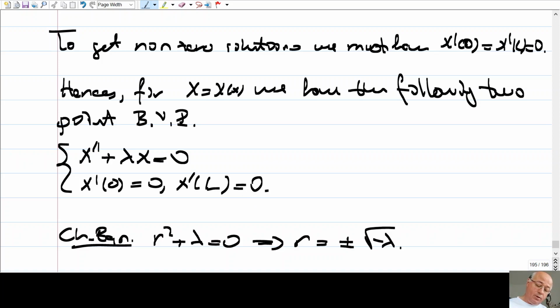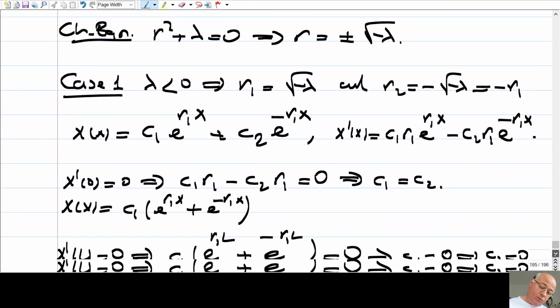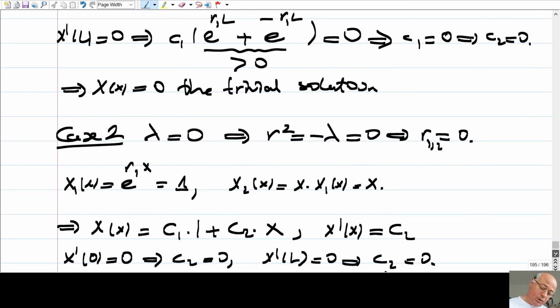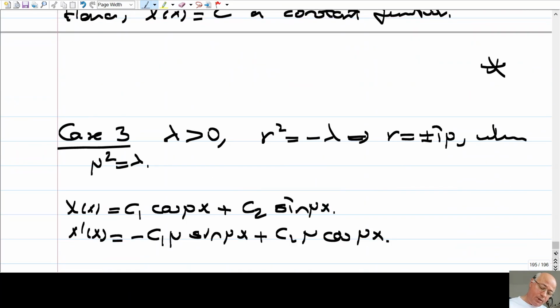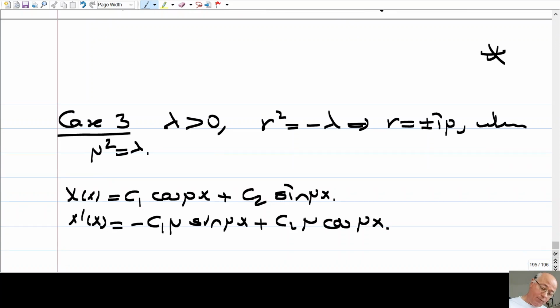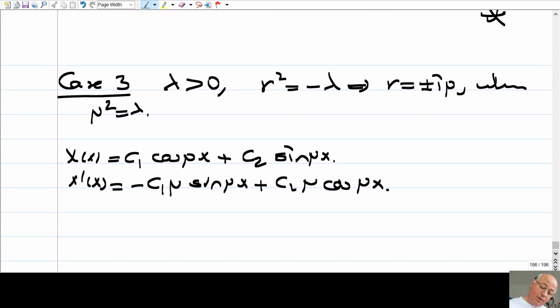But here, since I have u sub x derivatives for boundary conditions, that yields this: X prime at 0 and L are equal to 0. And we considered the solution in 3 cases: lambda positive, negative, and 0.